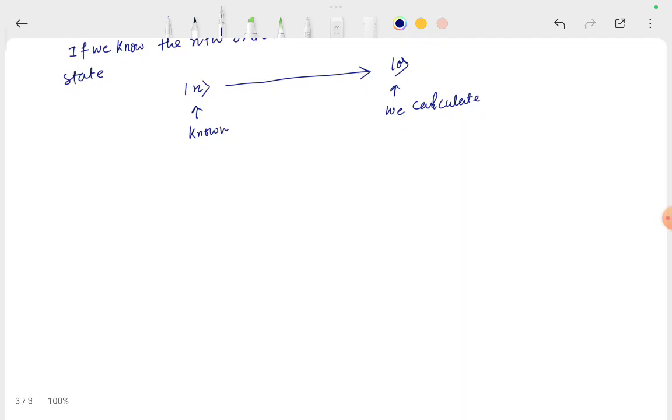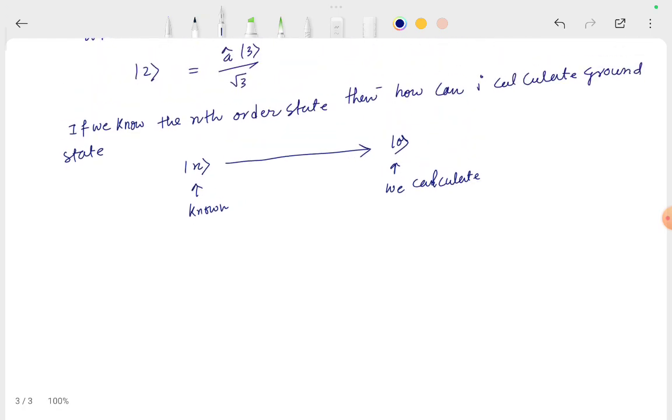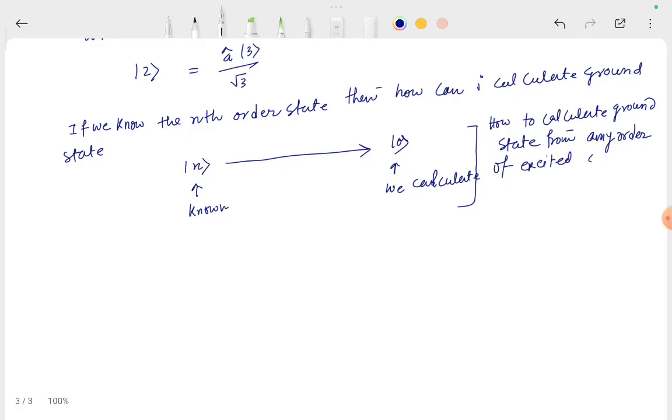It represents how to calculate the ground state from any order of excited state: fourth order excited state to ground state, fifth order excited state to ground state, 10th order excited state to ground state.